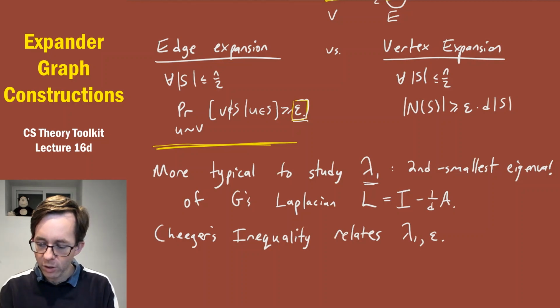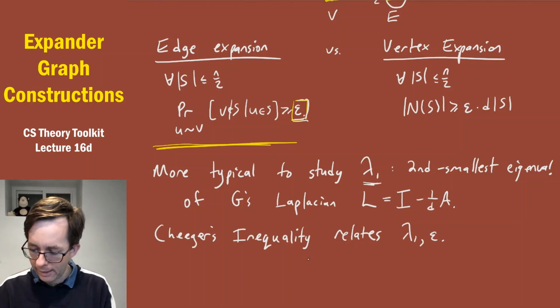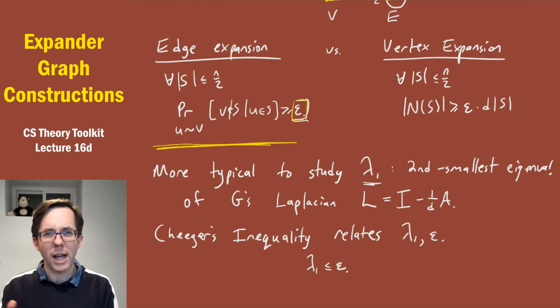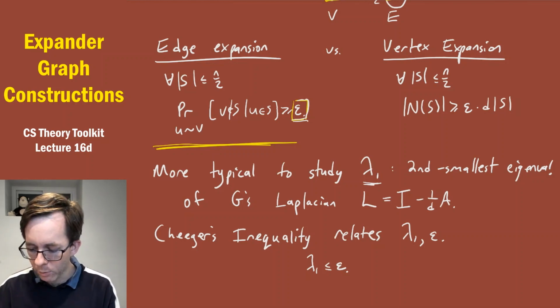If you construct a graph which has a lambda 1 that's large, then, well, in fact, just lambda 1 is at least epsilon. Sorry, wait a minute. Wrong way around. Lambda 1 is at most epsilon. Maybe there's a factor of 2 or a half, or sorry if I'm getting this slightly wrong.